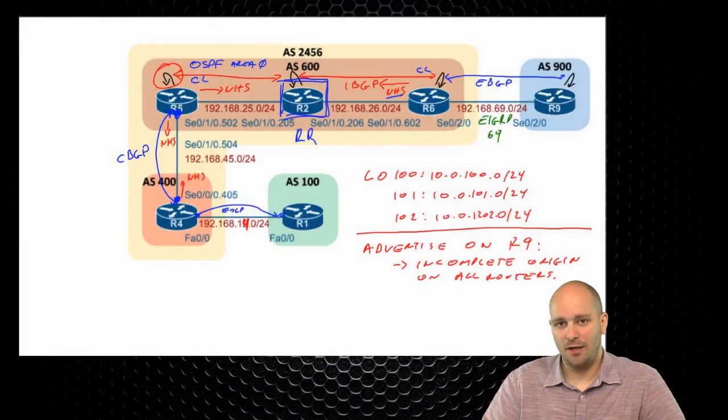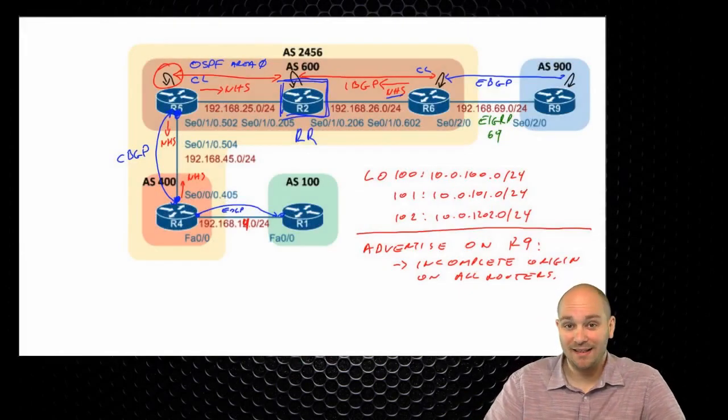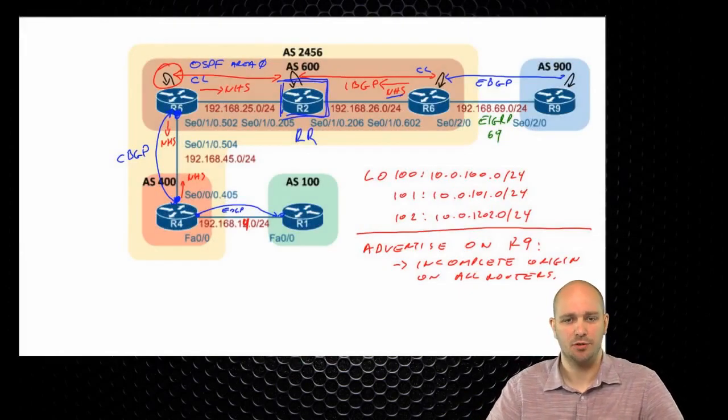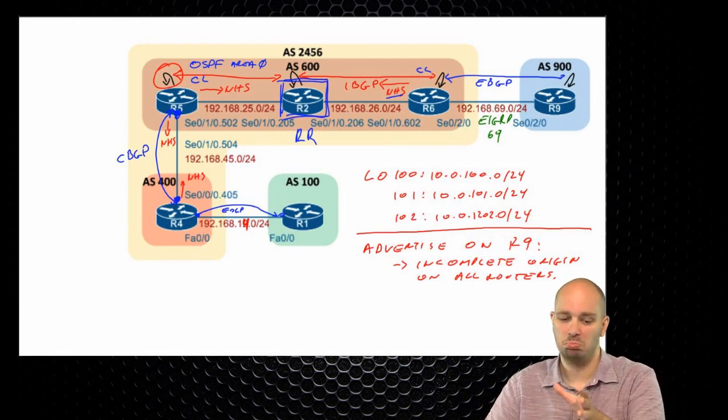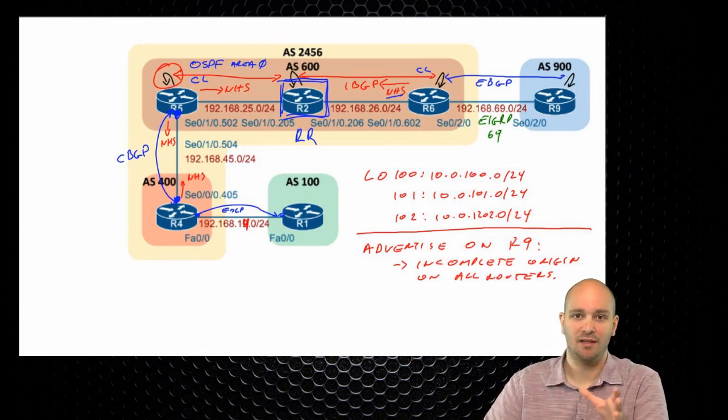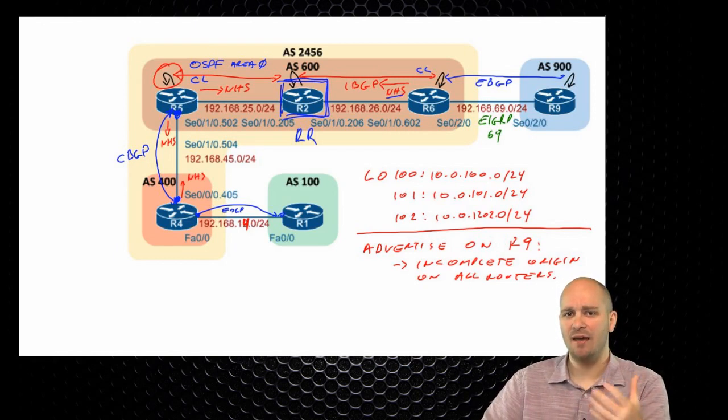The answer that I am overwhelmingly getting here is simply redistribute. Now, when you redistribute the routes into BGP, you are going to have an incomplete origin. That's very good, but there is a problem with that. Remember what we did in the last couple of sections about BGP, I gave you a couple of tasks.